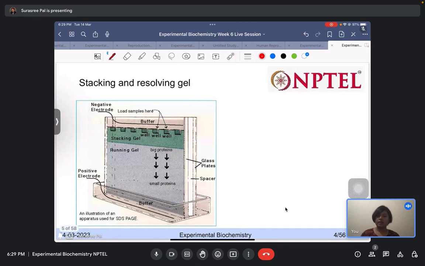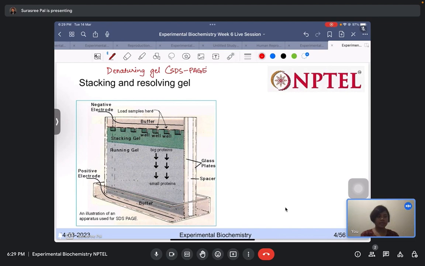Now in this polyacrylamide gel, I will be talking more about the denaturing gel, by using SDS.